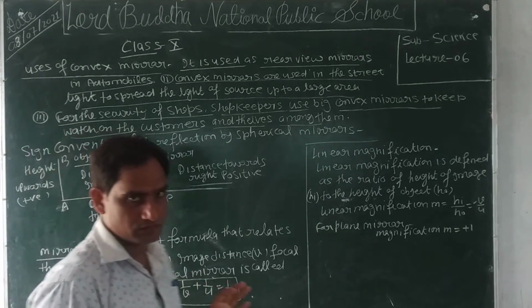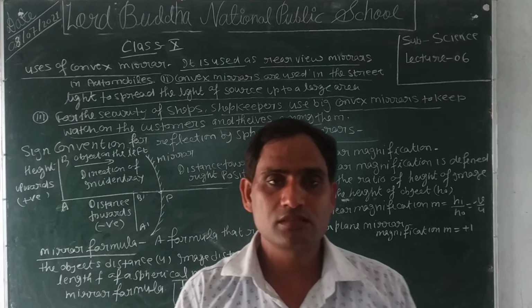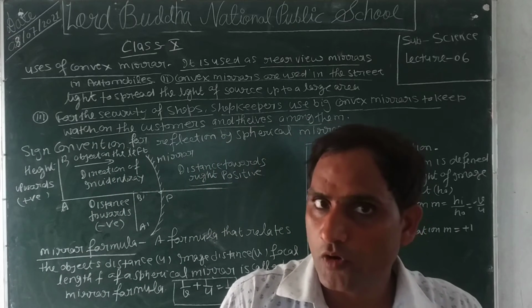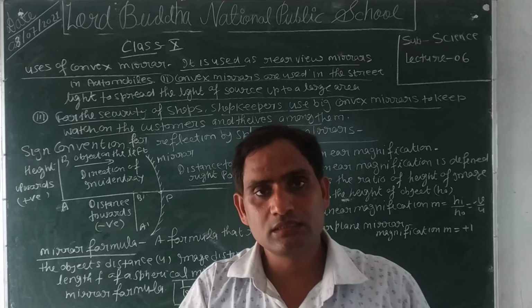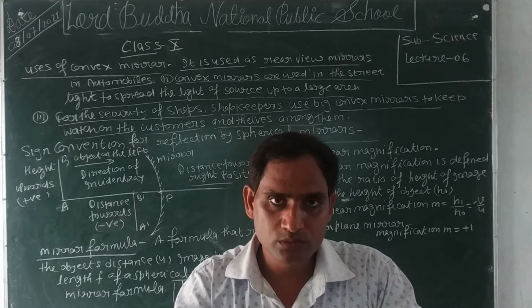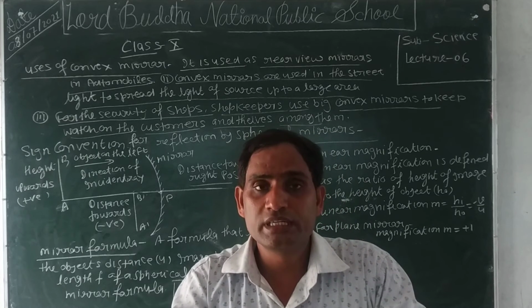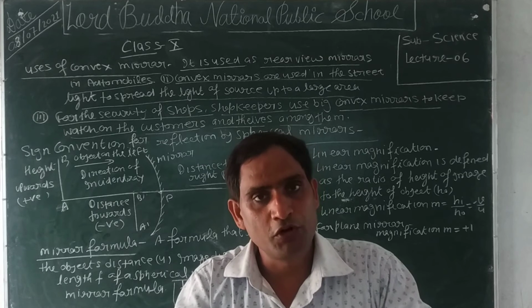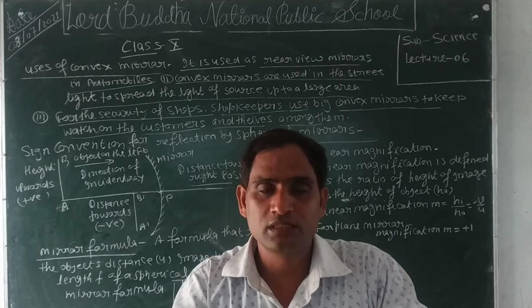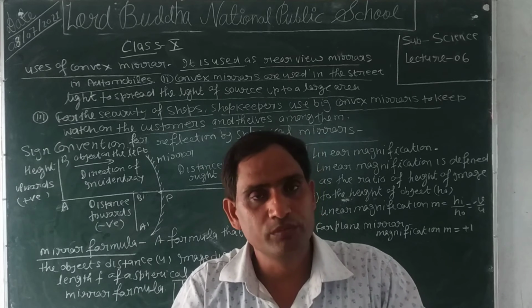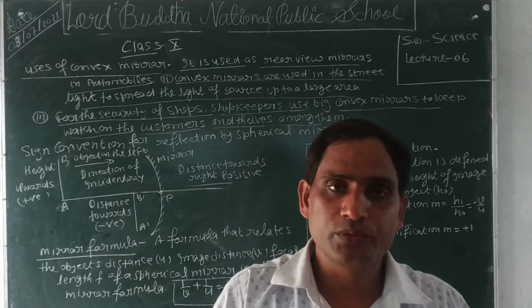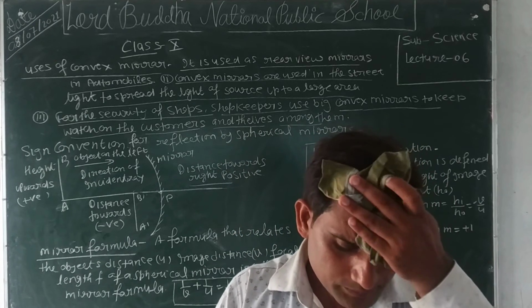In short, the distance right to the pole will be positive, the distance left to the pole will be negative, the distance above the principal axis will be positive, and the distance measured below the principal axis will be negative according to sign convention. Clear?